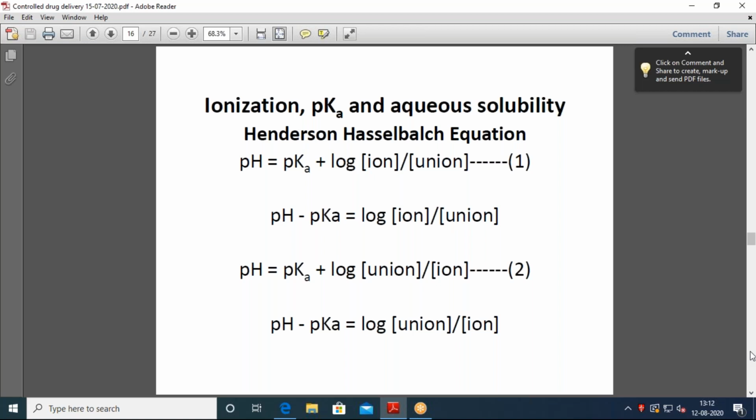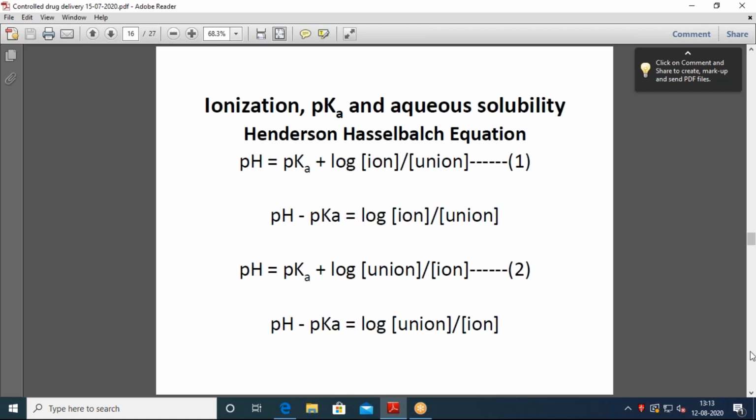Okay. For example, many of the drugs you can take. Either you take ketoprofen, forget about the salt form. Take some of the wonderful drugs such as thiopental. Everybody has heard of thiopental? Any CNS drugs you name. Thiopental, adrenaline, noradrenaline, just check.